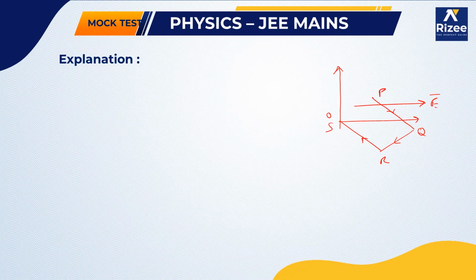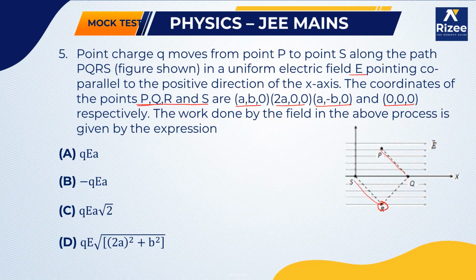So when we go for force into displacement, the work done W is equal to F bar dot S bar, or that will be Fs cos theta. Coming to the Fs cos theta situation, what is this force? Because it is on a charge, so what is moving there?